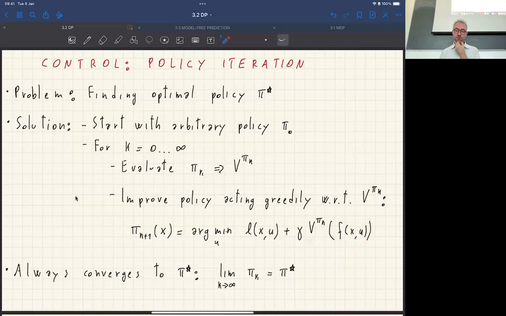We take that value and we evaluate this expression here for all possible actions, and we take the minimum one. Or better said, we take the action that minimizes this expression because it's an argmin, not a min.